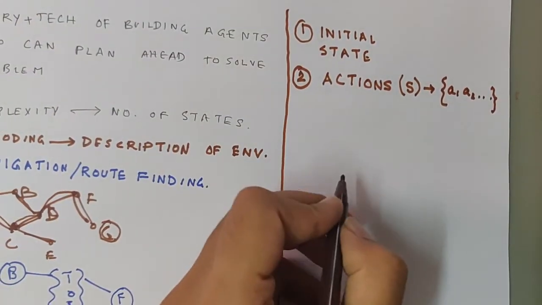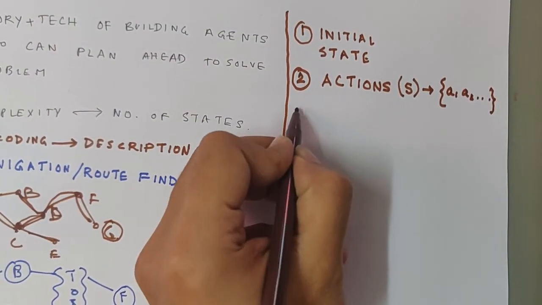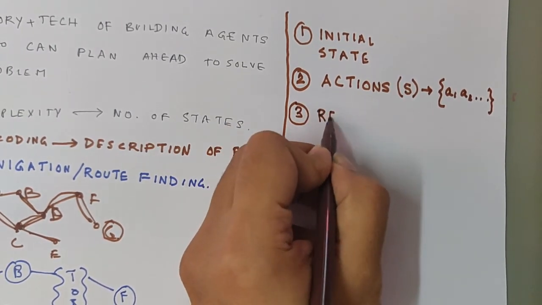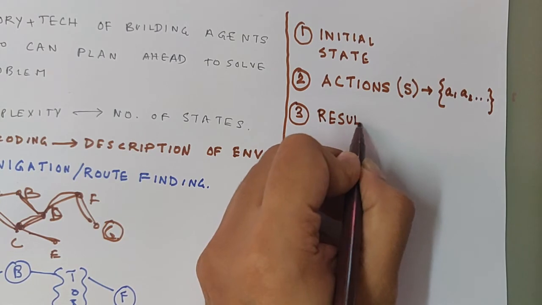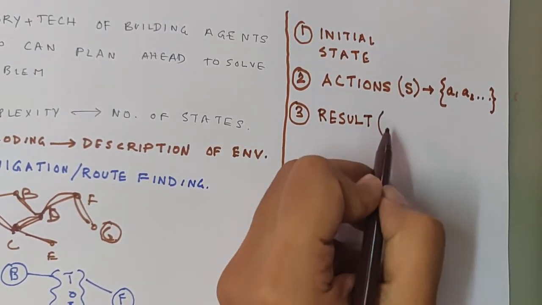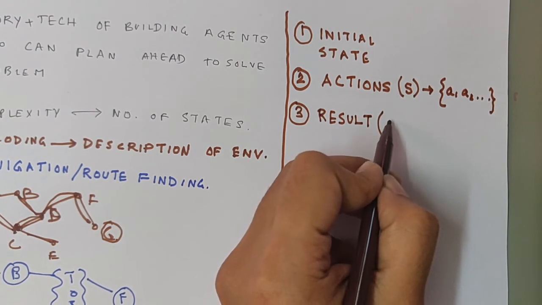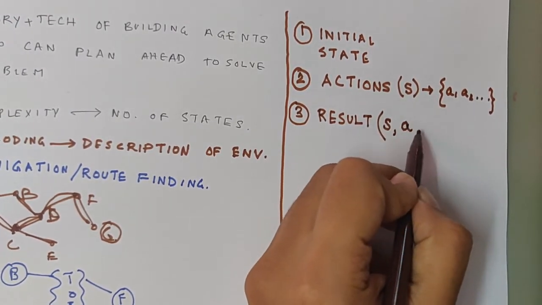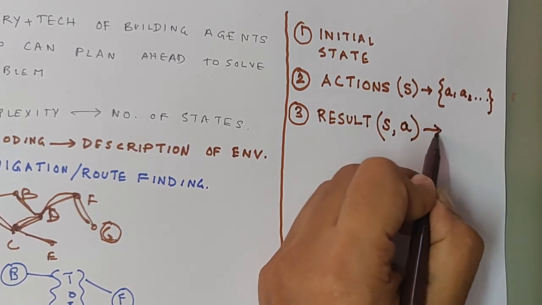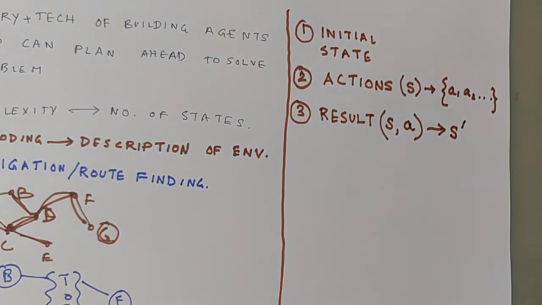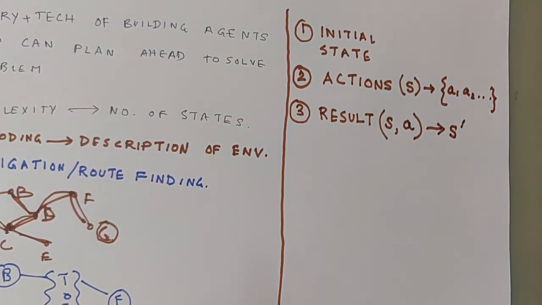Okay. What is the third component now? The third component is result. It takes as arguments a state S and an action A and returns a new state. What do I mean by that?